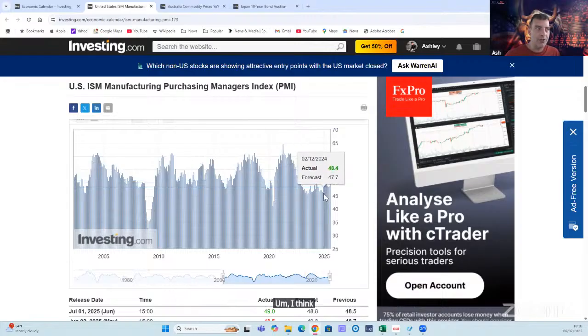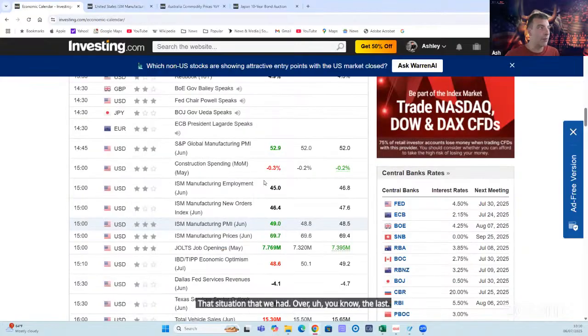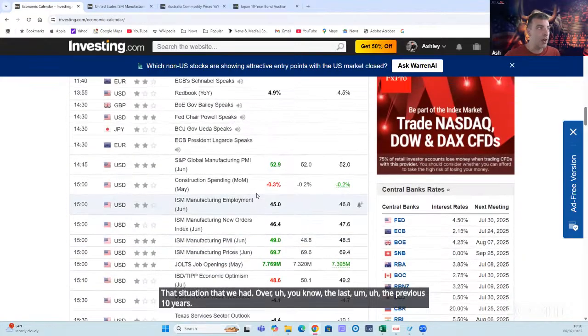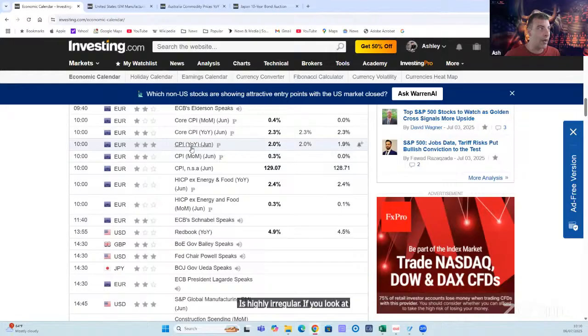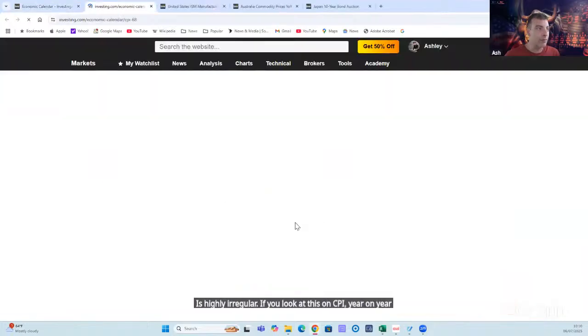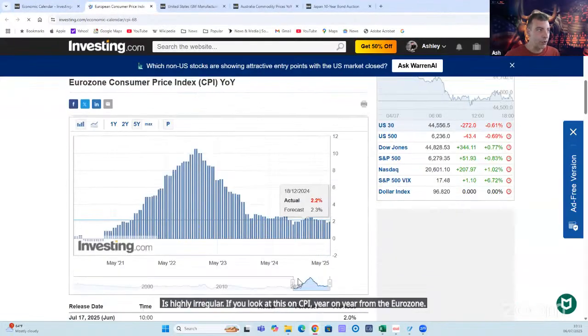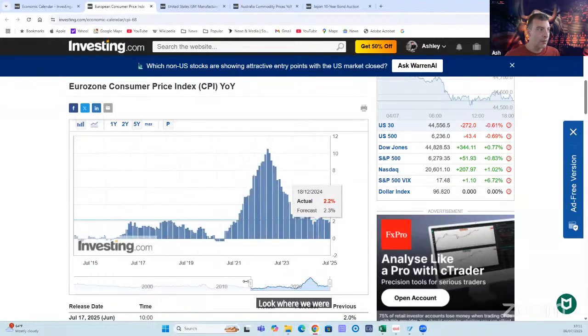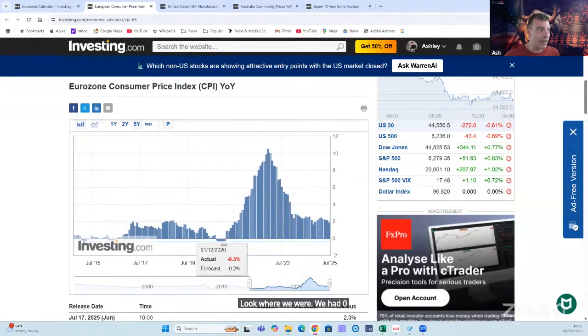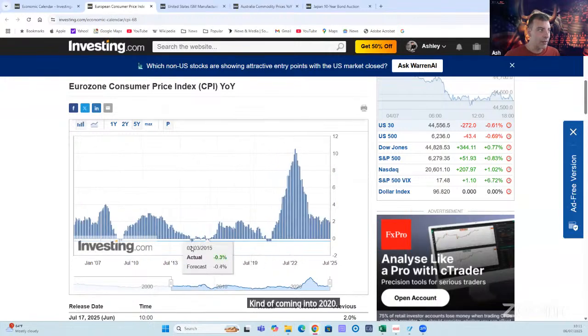I think the 0% inflation band is done. I think that situation that we had over the previous 10 years is highly irregular. If you look at this on CPI year on year from the Eurozone, look where we were. We had 0% interest rates here, coming into 2020, and this after the financial crisis.